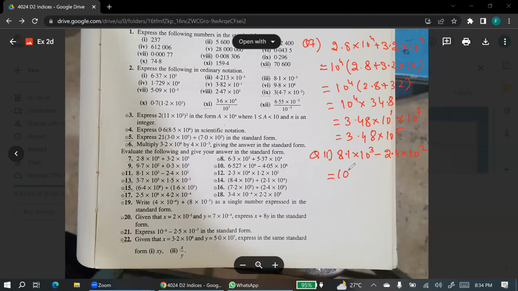Which power is smaller? 10 power 2. 8.1 into 10 in the ordinary form is 81. 81 minus 2.4 is 78.6.